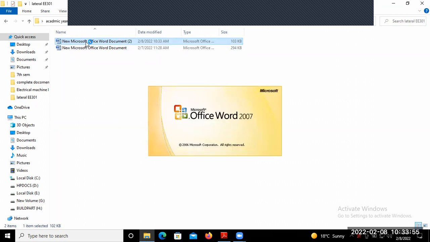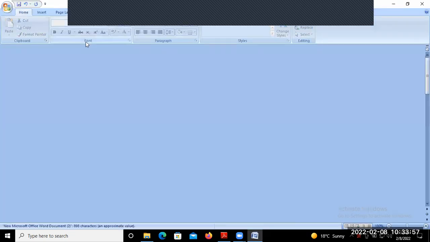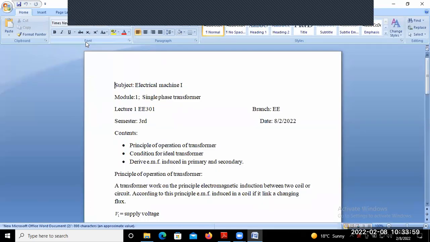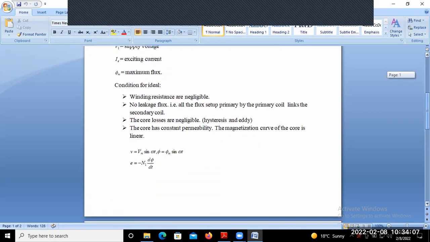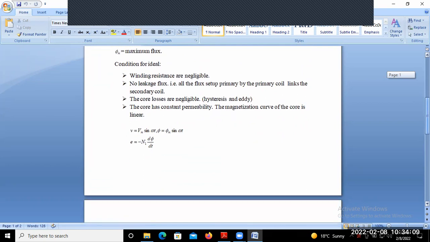If you differentiate that equation and simplify, you will get N1 omega phi m sin of omega t minus pi by 2.